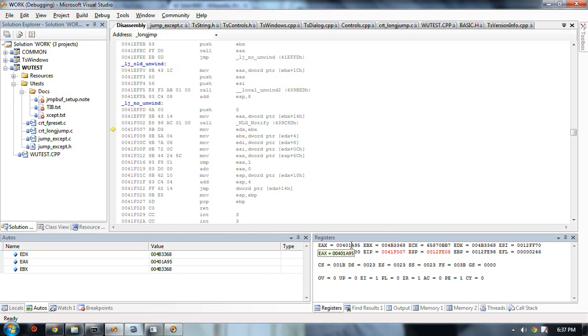So the only thing that changed from here to here was EAX, and it's not used anywhere. EAX is reset again at this point, so it has no effect on the rest of this function. So we can ignore it pretty much.